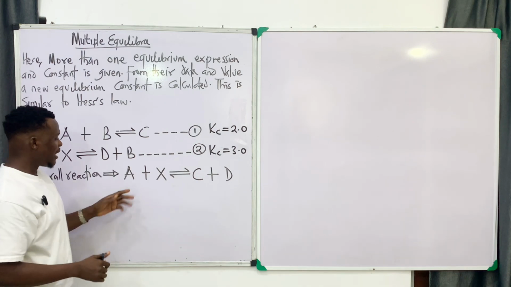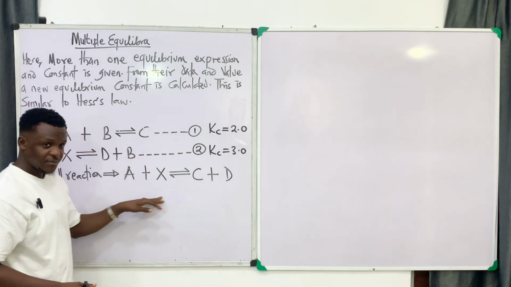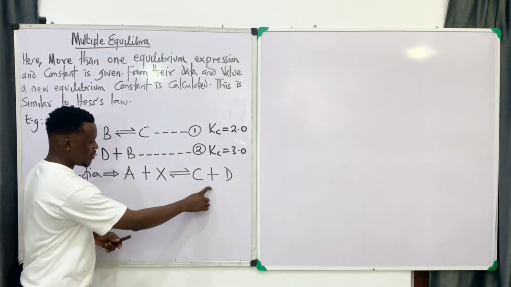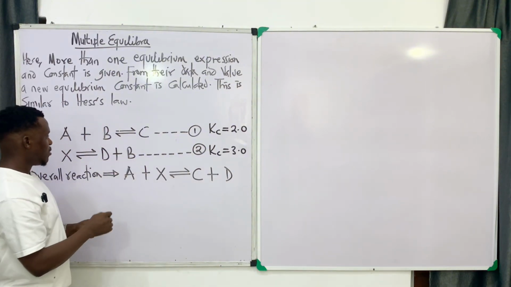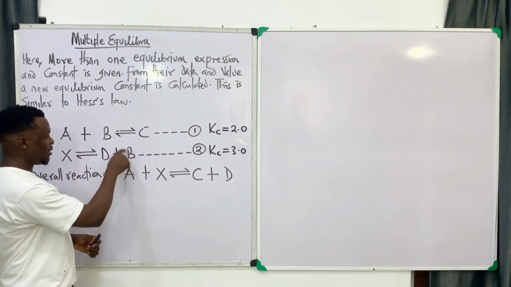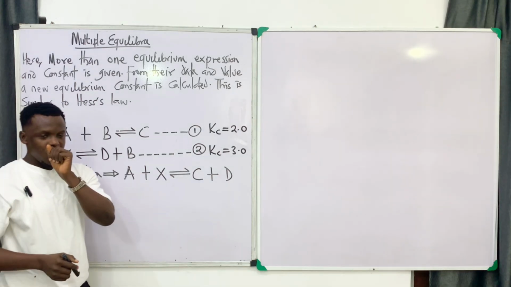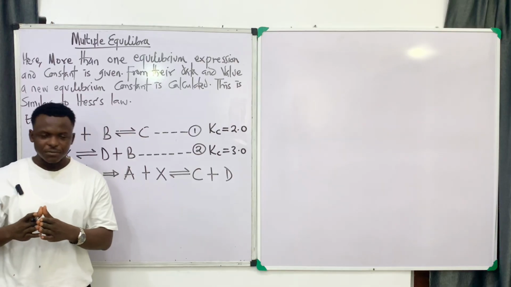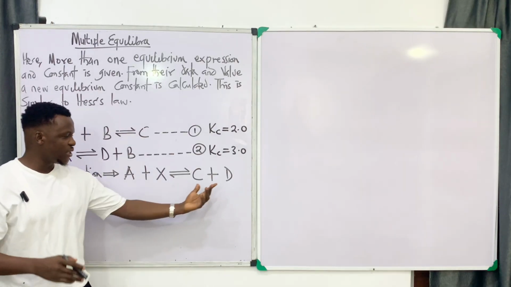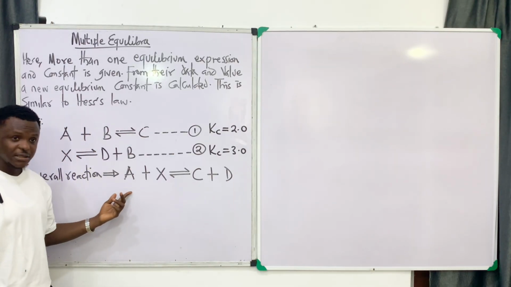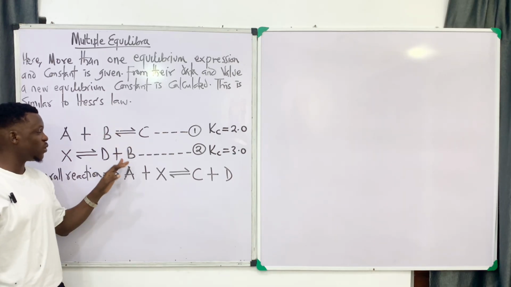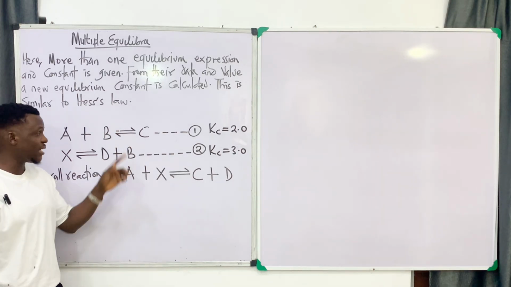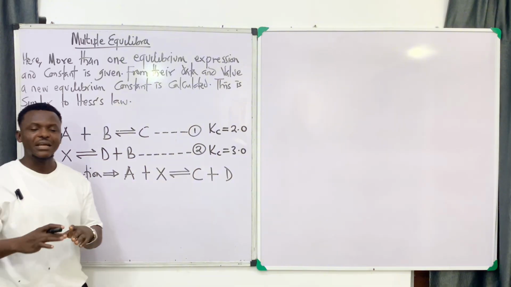However, if you look at this overall equation, class, there is nothing like B in it, but we have B in these individual equations. So what are we going to do, class? Any species that is not present in the overall equation but is present in the two individual equations has to be cancelled out.